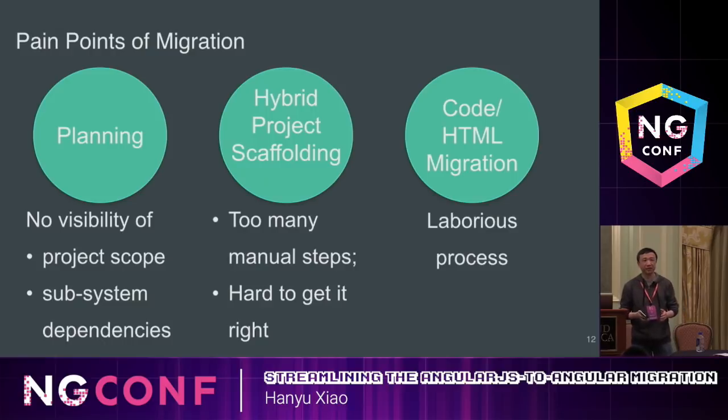We want to start with a smaller subsystem, somewhat isolated, right? So we gain more experience, we gain confidence, and then we will be ready to tackle bigger systems. But without enough visibility, we cannot do that. And you cannot go to your boss and say, we need 6 months. He will ask, what's your basis for that estimate, right?